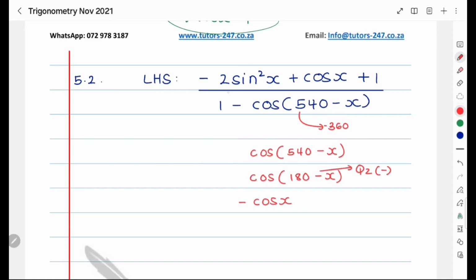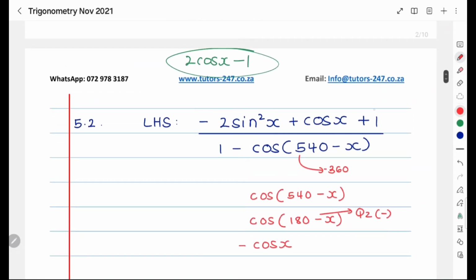Let us have a look at 2 sine squared of x. If you notice, this should remind you of a quadratic trinomial. We have x squared, or we have sine squared.